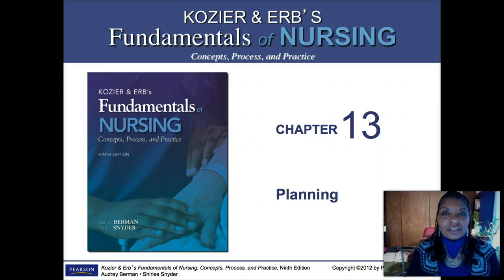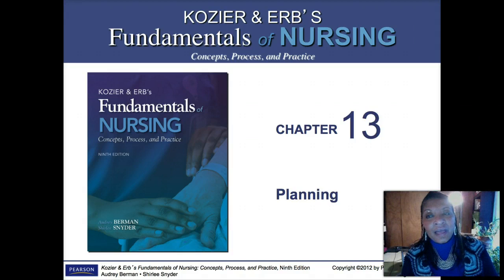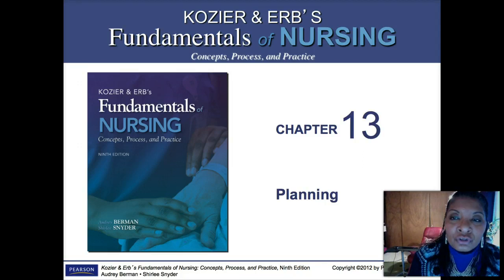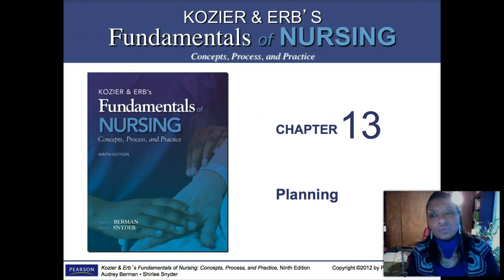Dependent nursing interventions are those things that have to be prescribed or written as an order by the doctor. A nurse cannot do them without a doctor's order. Independent nursing interventions are nursing actions that fall under the nurse's scope of practice, such as checking a blood pressure or a temperature.